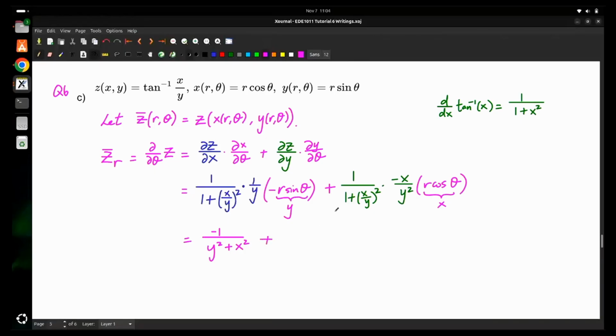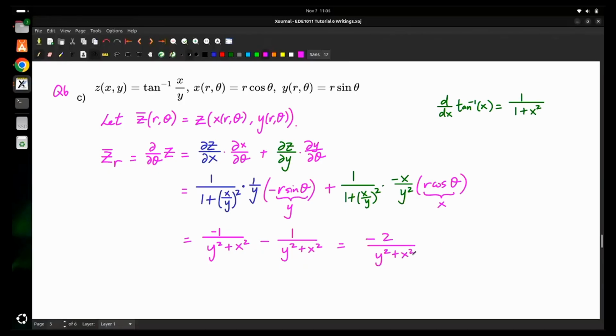Then this x here will cancel the x here. So therefore you have minus 1 over y square. Then you multiply in, so this is also a negative: minus 1 over y square plus x square. Is that right? You can see minus 1, so it's minus 2 over y square plus x square.